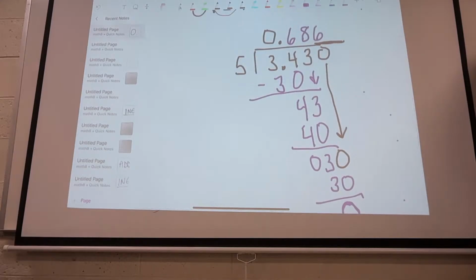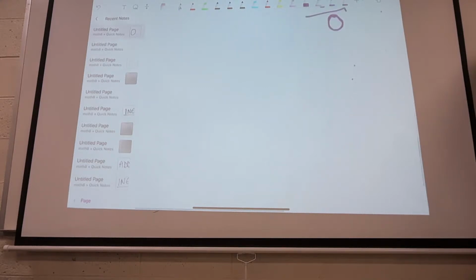All right. Let's try number 8. Make it a little challenging for you. Number 8. 13.44 divided by 1.6. Again, rewrite it.